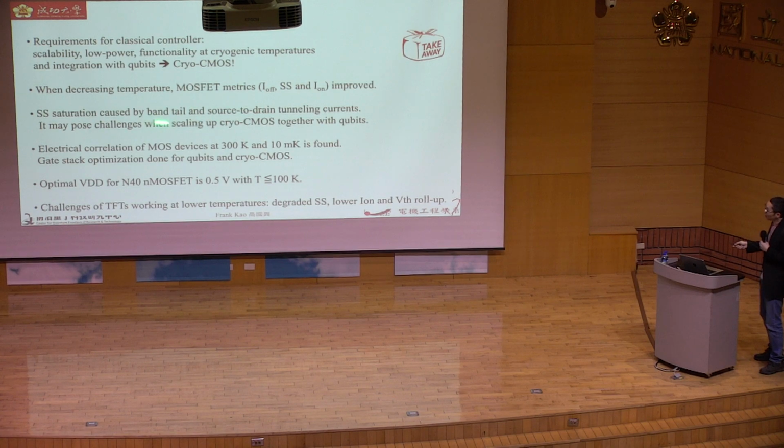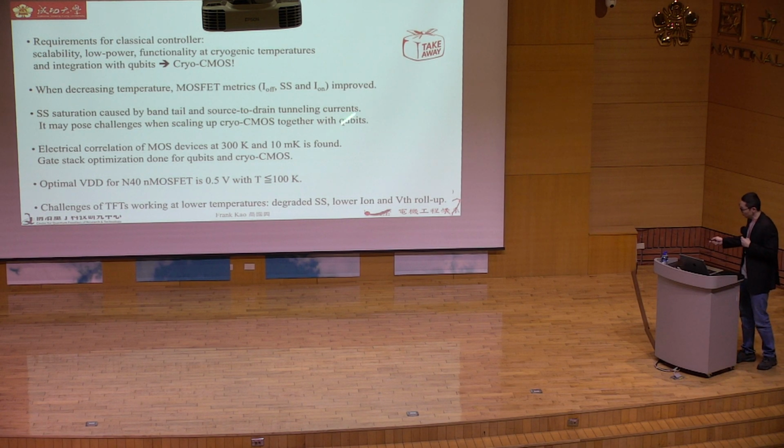On top of band tail, source to drain direct tunneling is another reason for subthreshold swing degradation. And this factor may also pose challenges when you are trying to scale up cryo-CMOS together with qubits.